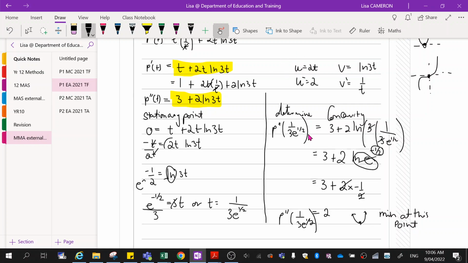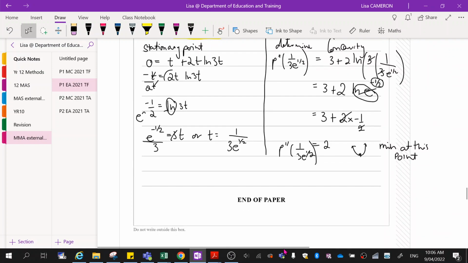Okay, so now we can start setting our domains. So at the very beginning of the question, you're told that t cannot be less than 0. So here in this section, we're going to say that for the values of t from 0 up to 1 over 3e to the power of a half, it is going to be decreasing.